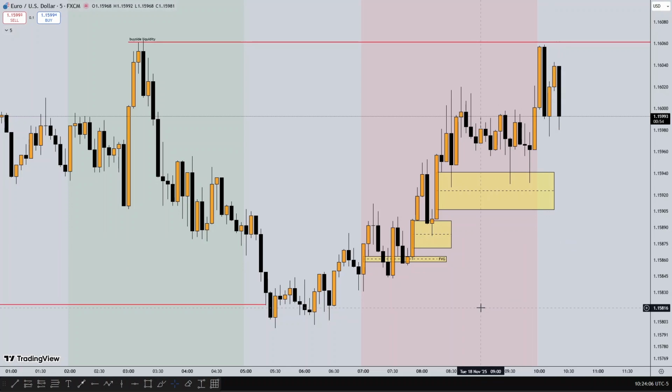But understanding it is that using the 1 hour to anticipate the next draw on liquidity, and during the New York session, waiting for the 5 minutes to align with that idea of price trading to that bias and taking advantage of that trade.